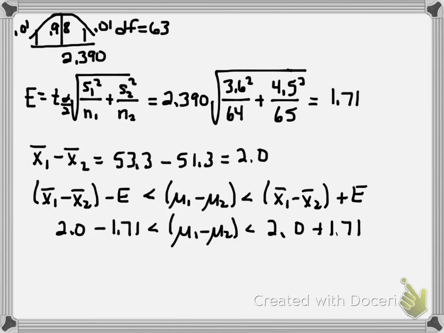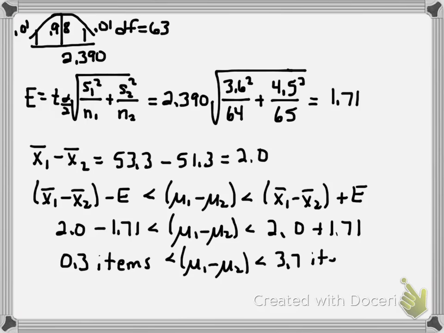So the left side, you should end up with 0.3, and we do have a label this time. It would be items, is less than the first population mean minus the second population mean, is less than, and on the right side we should have 3.7 items.